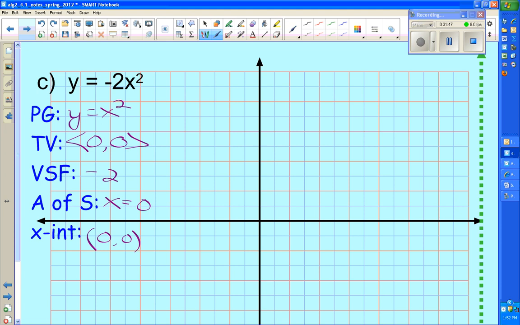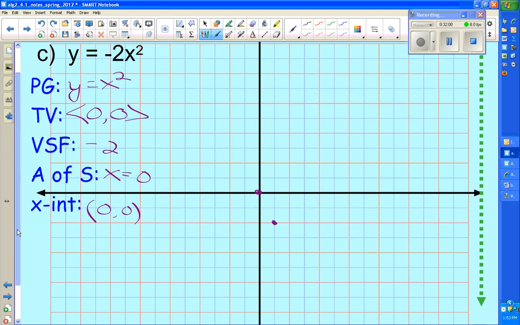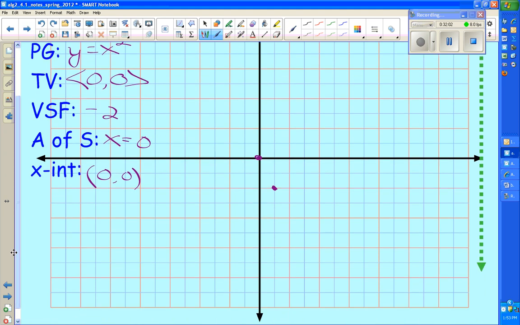And we're still at 0, 0. So instead of right 1, up 1, we're going to go right 1, down 2. And instead of going right 2, up 4, we're going to go right 2, down 8. And left 1, down 2, left 2, down 8.